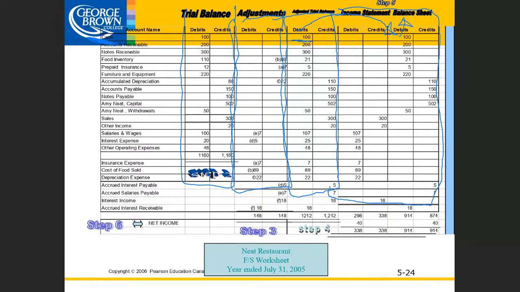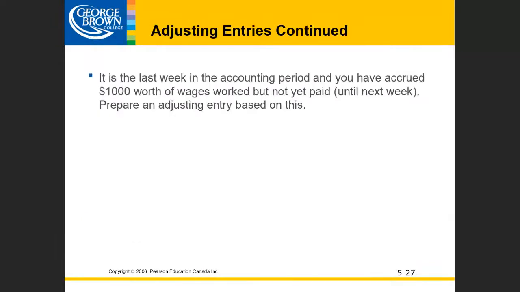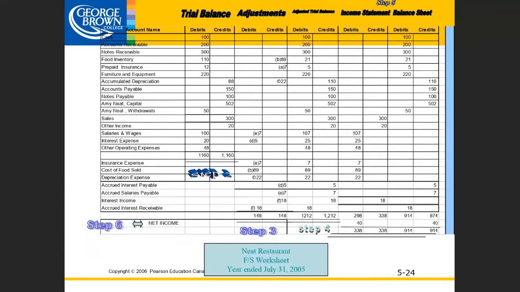Don't worry about that. Maybe we'll conclude there because we always don't have enough time to do some adjusting entries or do an exercise of them. So what we're going to do next class on Thursday is continue with the worksheet that we were working on today. We're going to do some adjusting entries.